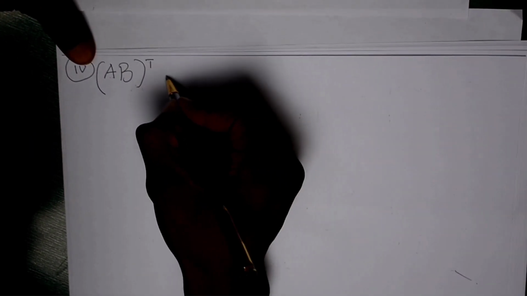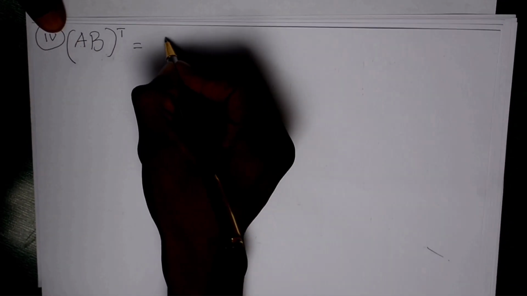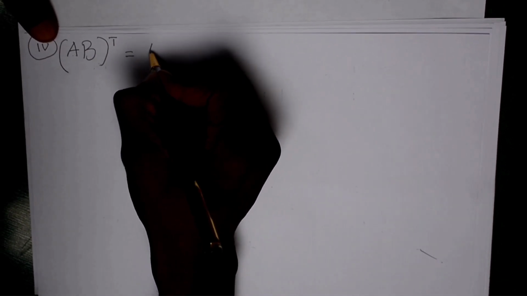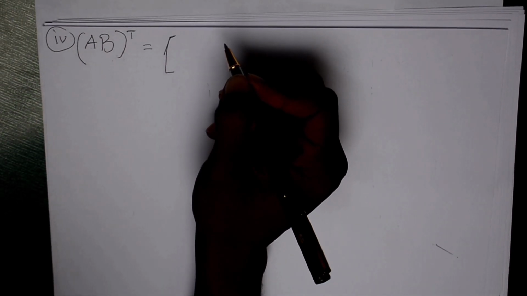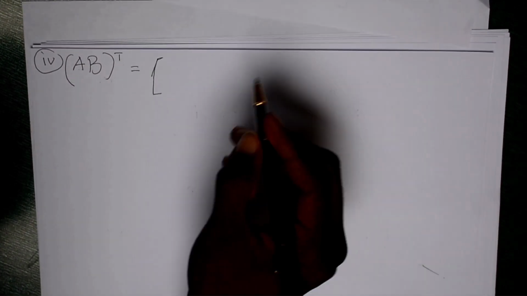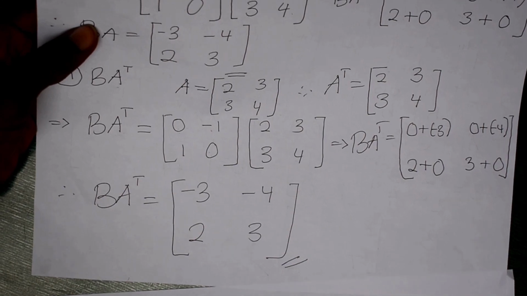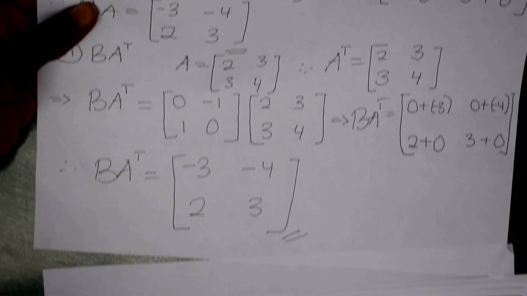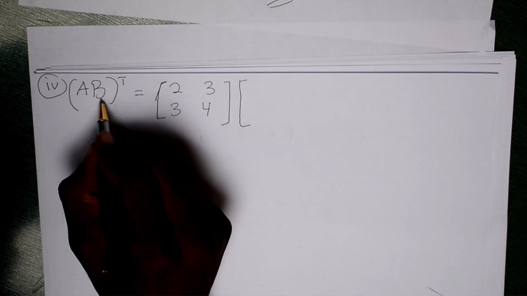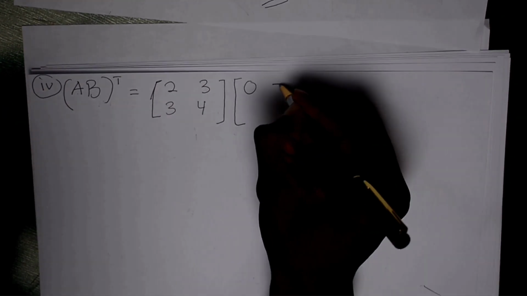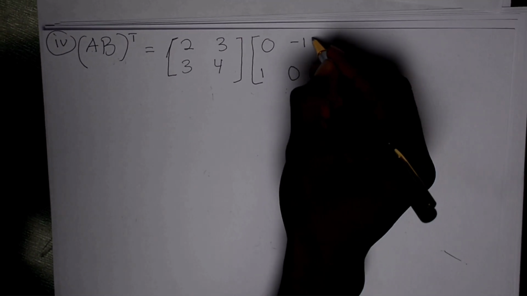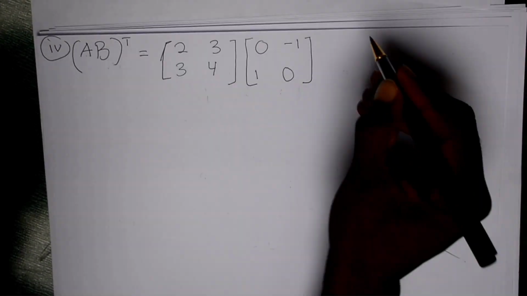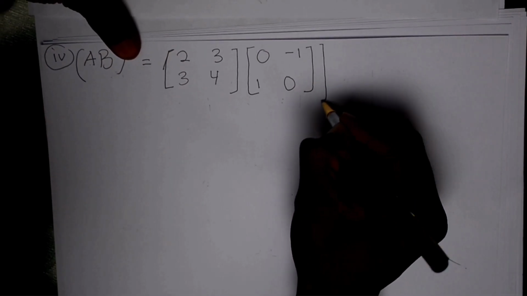That means matrix A multiplied by matrix B. Matrix A is given as 2, 3, 3, and 4. Then matrix B is given as 0, minus 1, 1, and 0. So now we are going to multiply these matrices and take the transpose of the result.